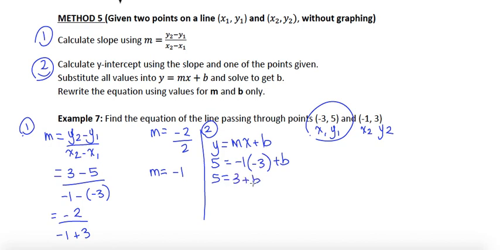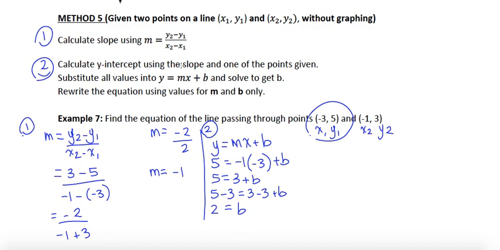So 3 plus b. We want to subtract 3 from both sides to get rid of the constant on the right-hand side. So 5 take away 3 is equal to 3 take away 3 plus b. 5 take away 3 is 2. 3 take away 3 is 0, so we're left with b is equal to 2.